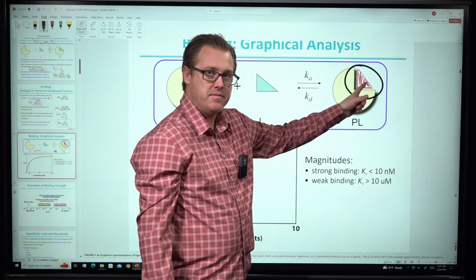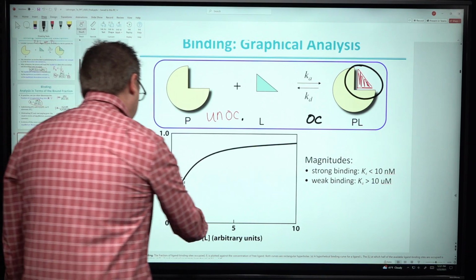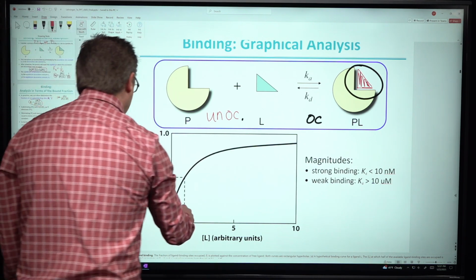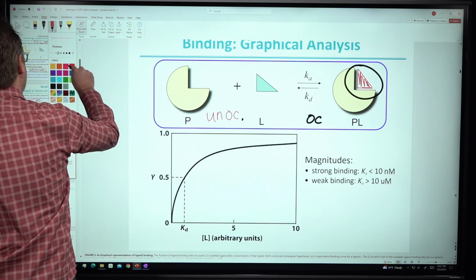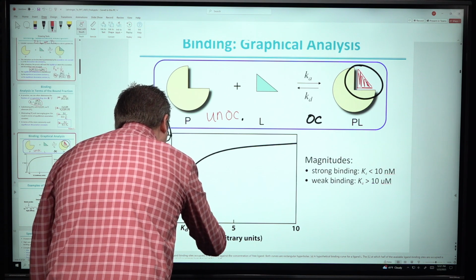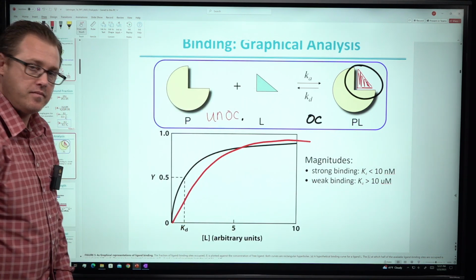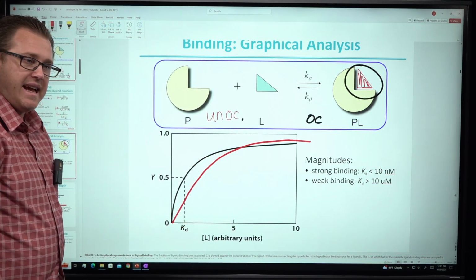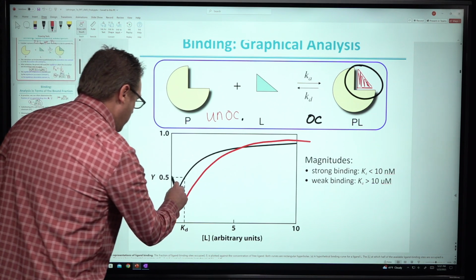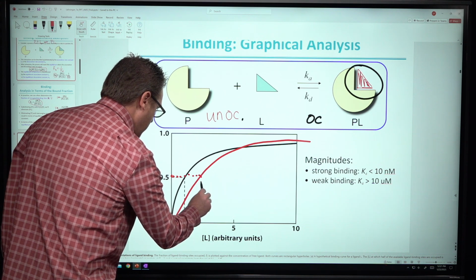So if we look at it graphically, let's do a red one. If I draw another curve, something like that, where is its KD? Well, we do the same thing. We extrapolate from 0.5 and then go down.